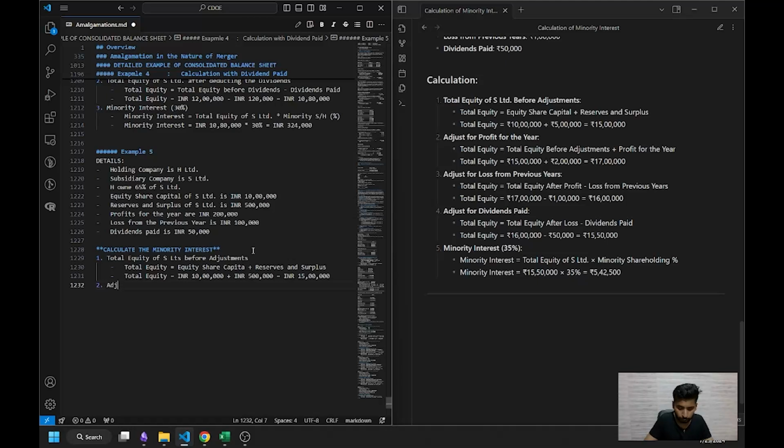Secondly, adjust for profit of the year. Total equity equals total equity before adjustments plus profit for the year.